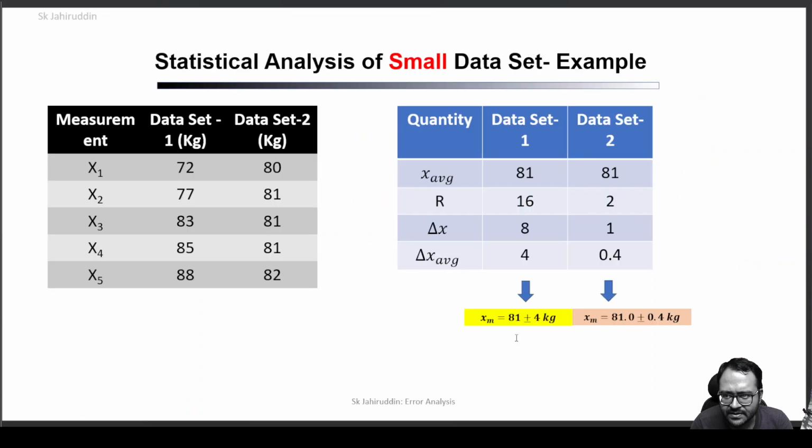Do you have an example? Yeah, we do have an example. Suppose I get 72 kg, 77, 83, 85, 88. I get 5 measurements like this in data set 1. I better say this is machine 1.